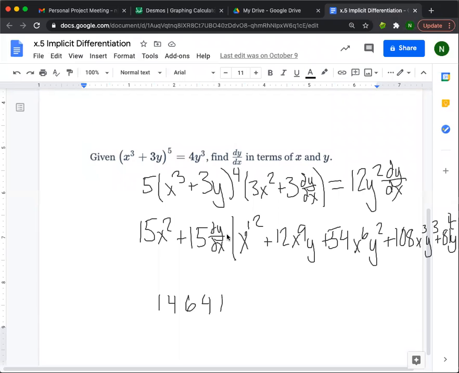Okay, so once you have it multiplied out, then you just have to distribute this first term. I'm personally not going to distribute this first term because it doesn't have a dy/dx. I'm just going to leave it as that quantity. But I do have to distribute this 15 dy/dx.